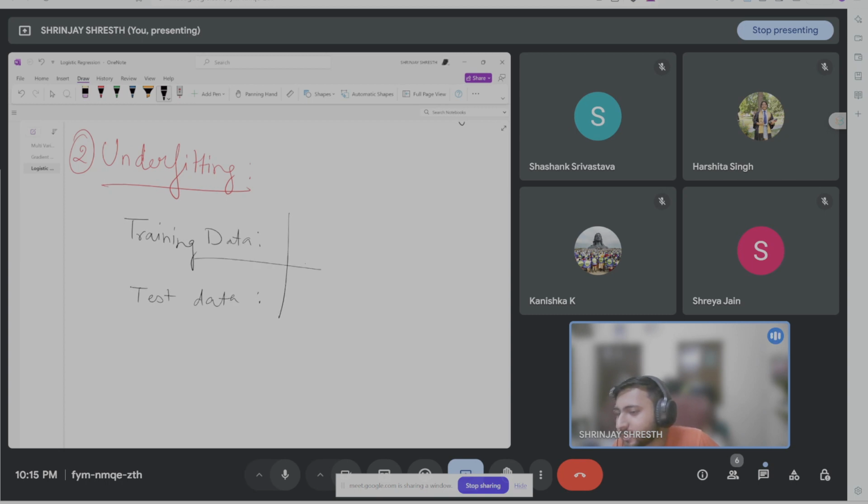So what happens in underfitting is that it fails with training data, and out of nowhere it performs well with test data. So if it fails, that means it is a high bias and high variance.